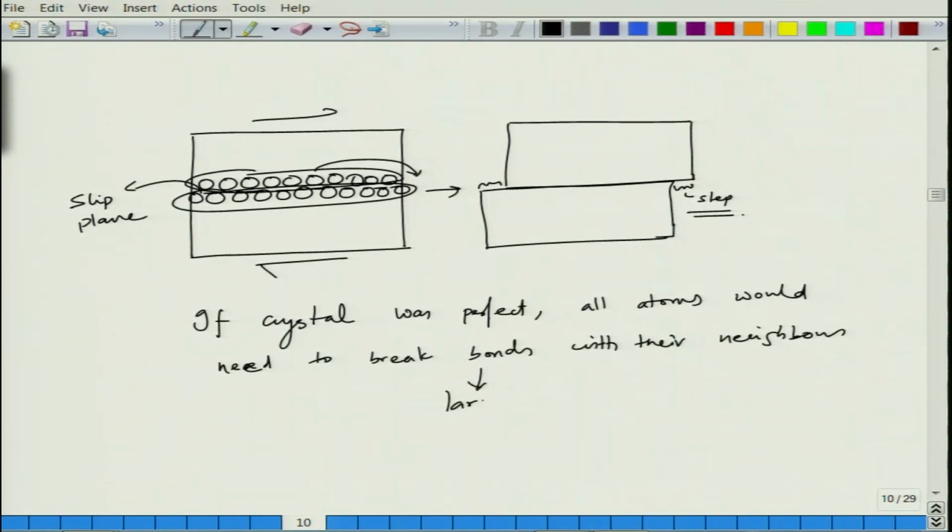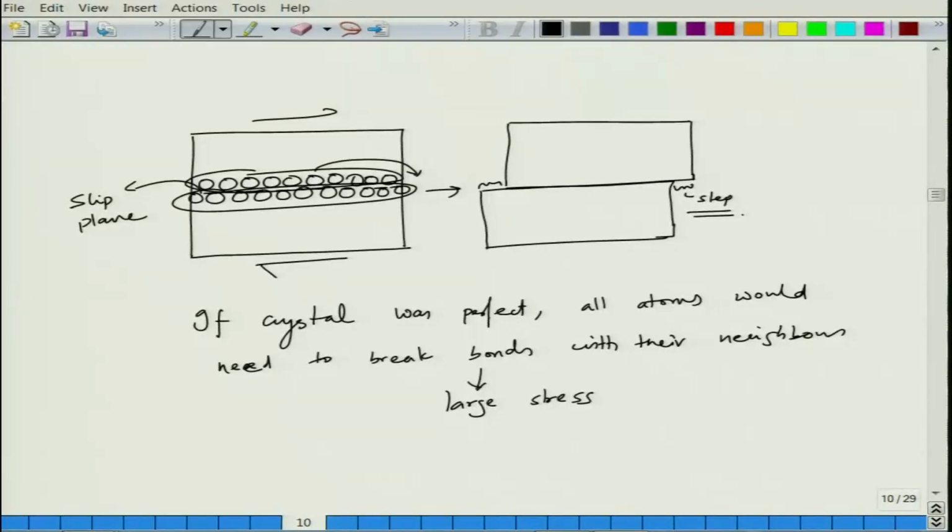So, basically this would lead to large stress. However, if the crystal was imperfect, all the atoms do not have to break the bonds. You may create a situation in the form of a dislocation in such a manner that when all the atoms do not have to break their bonds, then the stress required is lower. So, we will see how this works.